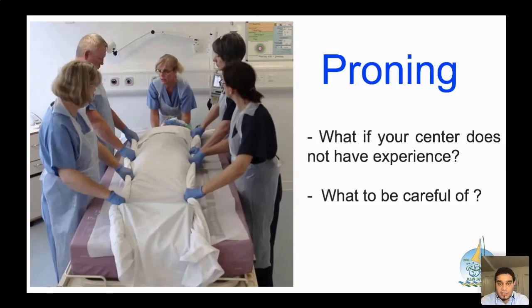Okay, and you need at least 4 to 5 people. For example, looking at this picture, you have 4 people, because one person has to make sure that the ET tube stays in place when they prone the patient or put the patient back to supine, because there is a chance that you might take the central line out and the patient bleeds, and unfortunately you might accidentally extubate these patients.